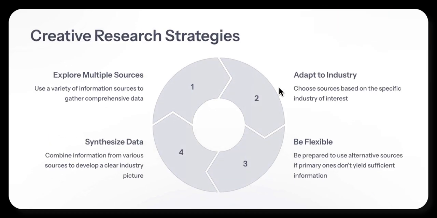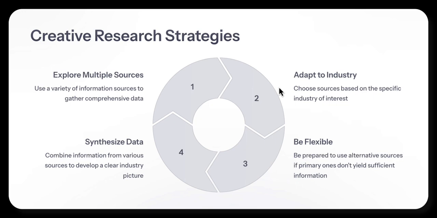When you're finding industry reports, there are four things you want to do. You want to explore multiple sources. We just went over a few of the resources you can gather for free or low cost. If you're a college student, I would highly suggest you look at all the free resources available at your local library or the university library.